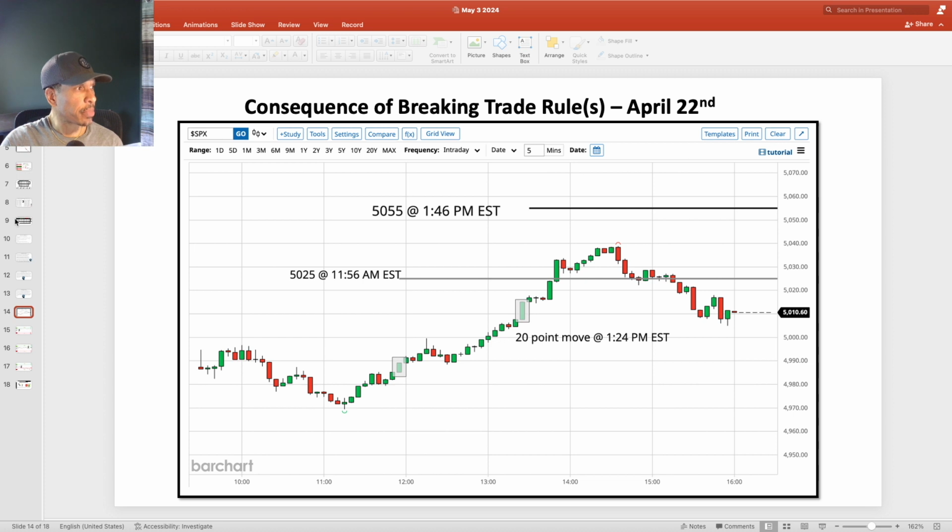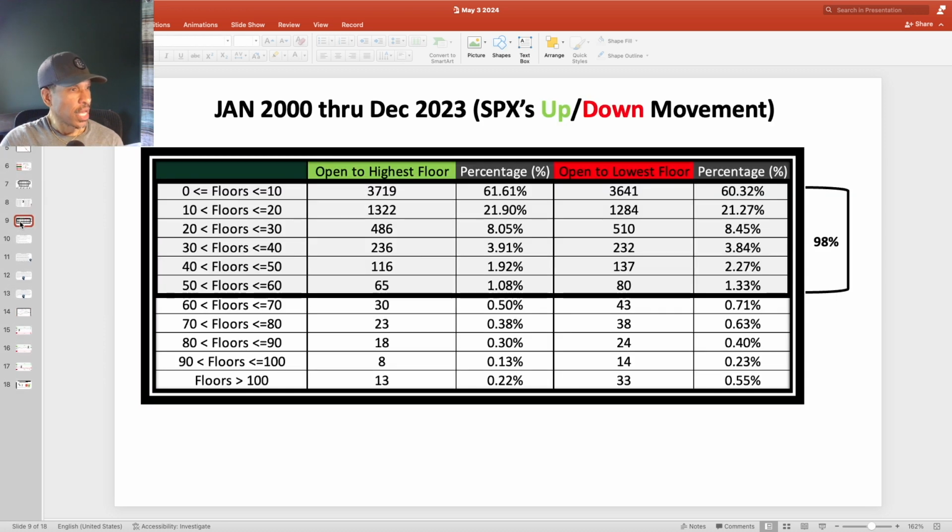The reason being is that I look at money as an abstract form of energy. And so when the SPX makes a 20-point move above or below the opening price, from my perspective, that's a major expenditure of energy, right?